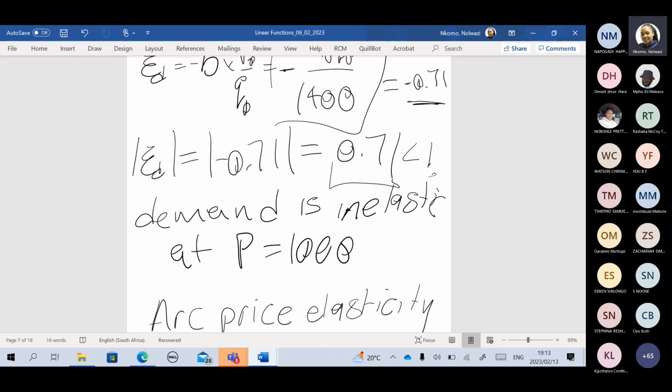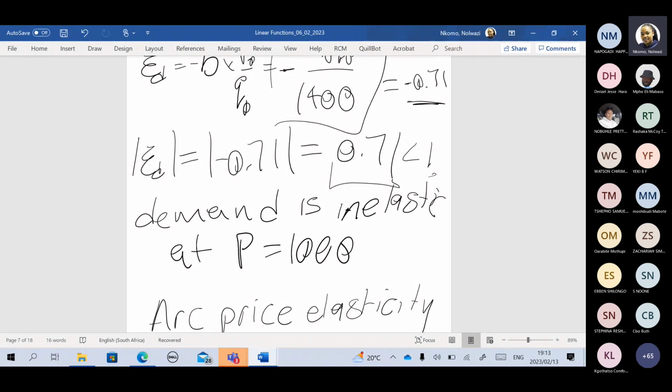Then maybe the next option, which is the incorrect option, will have two statements correct: the demand is inelastic, and the 1% increase in price will result in 1% decrease in demand. If you don't know that the absolute value of minus 0.71 is equal to 0.71, you'll choose that one, and that means your answer is wrong.